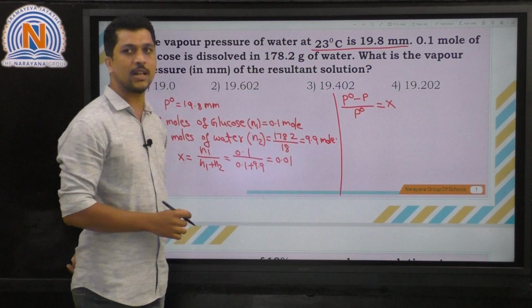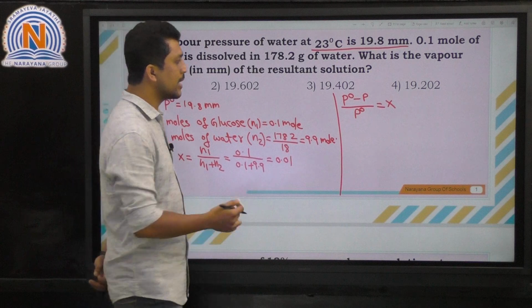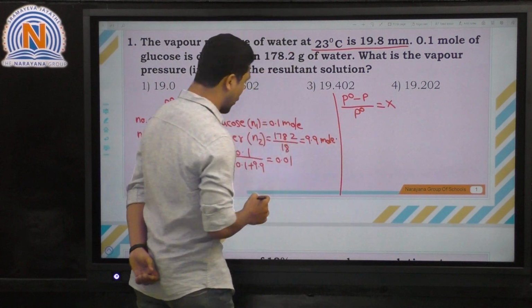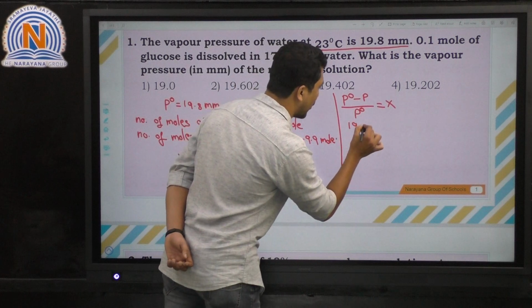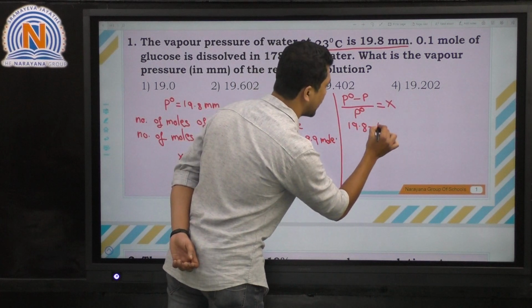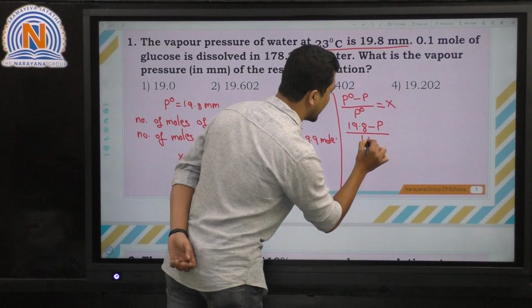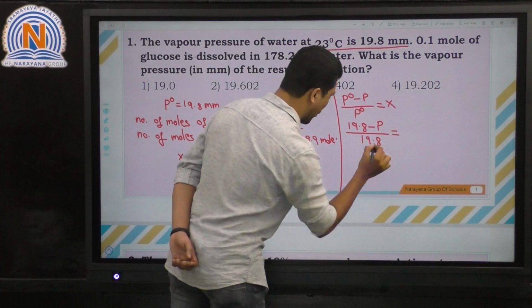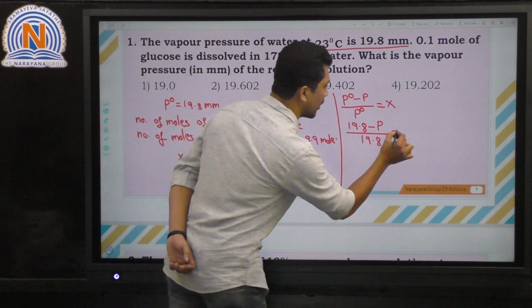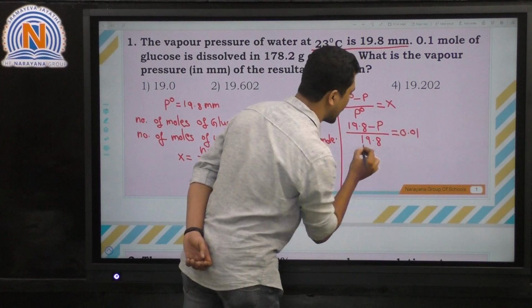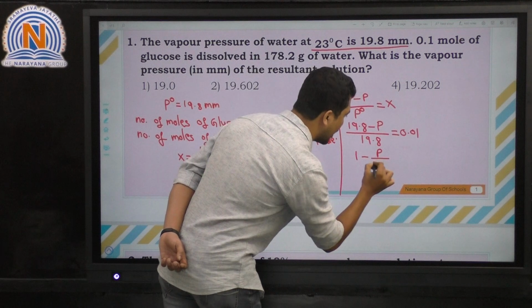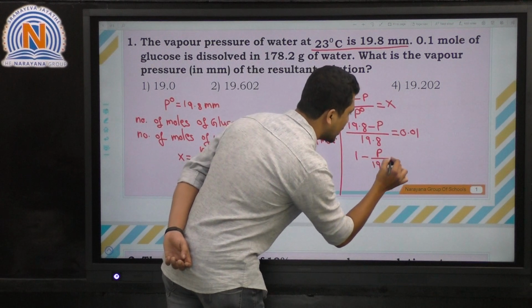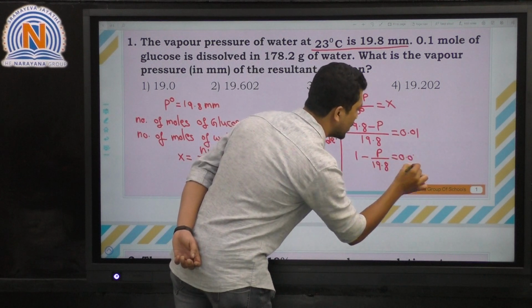We need to find the solution vapor pressure, P. P0 equals 19.8, so 19.8 minus P whole by 19.8 equals 0.01. So this will be 1 minus P by 19.8 equals 0.01.